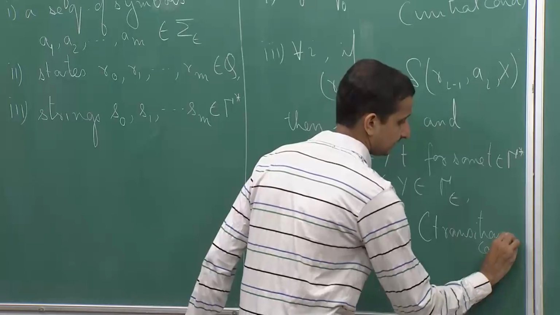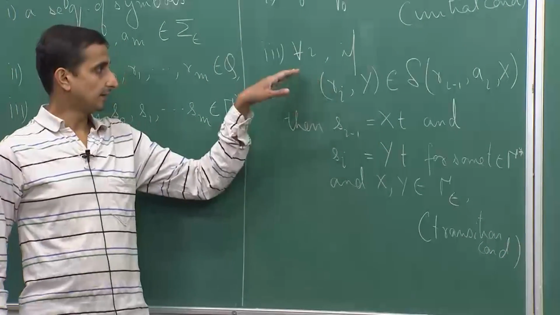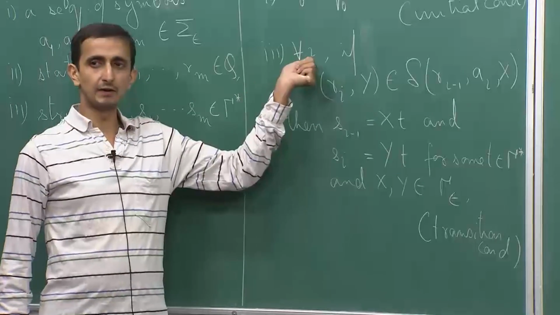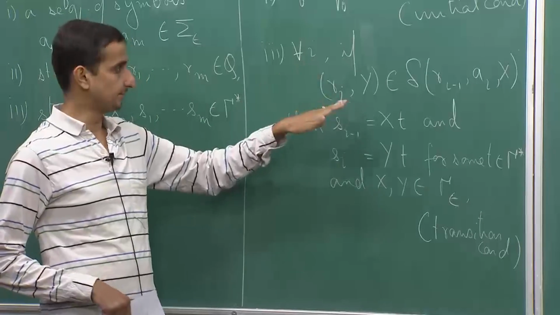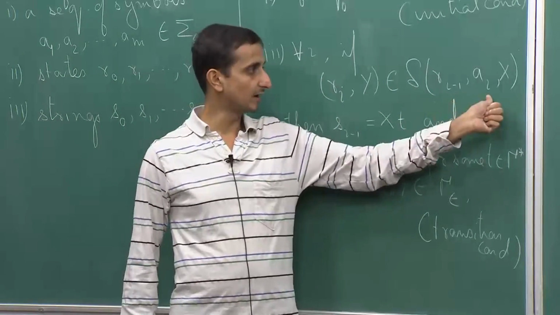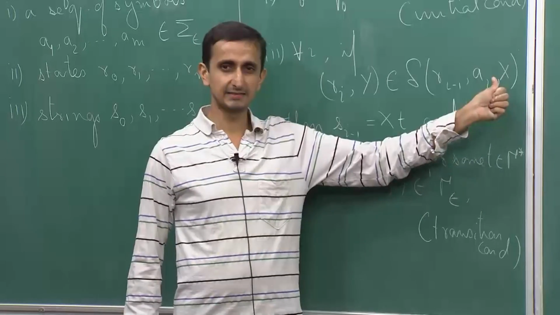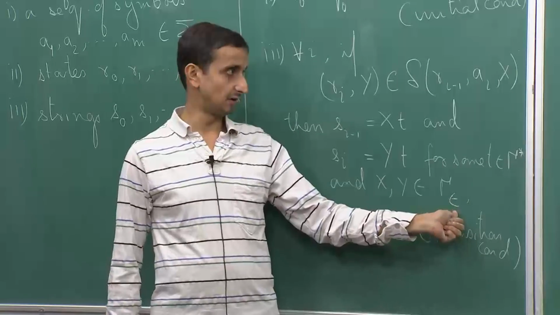So, this is the transition condition. Essentially what this is saying is: look at some i between 1 and m, so i is in the set 1 through m. Now, suppose I look at delta(r_{i-1}, a_i, x) for some x, where x can be any symbol in gamma epsilon.